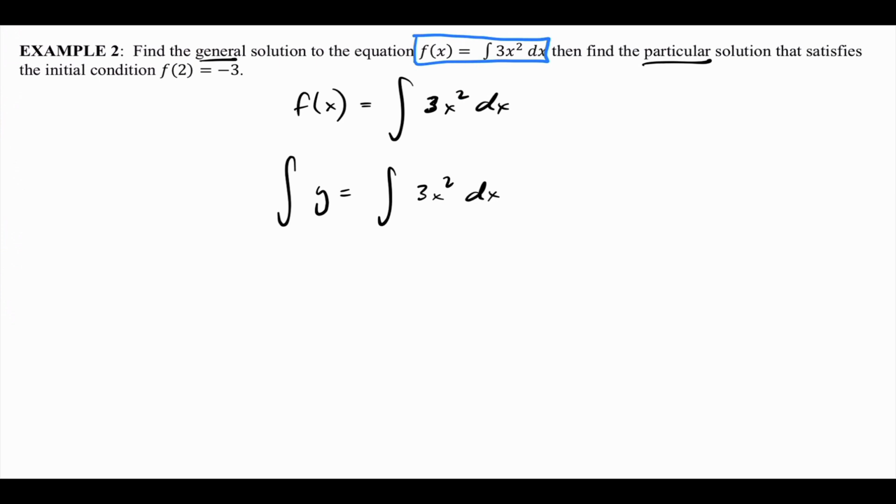What's the antiderivative of y? So it has a 1/2 y squared. What's the antiderivative of 3x squared? 3x to the third divided by 3 plus c.